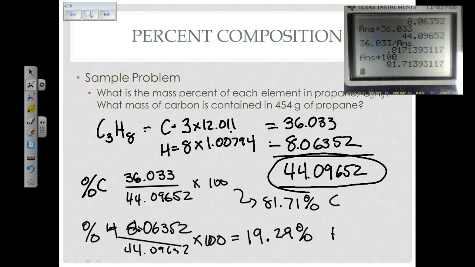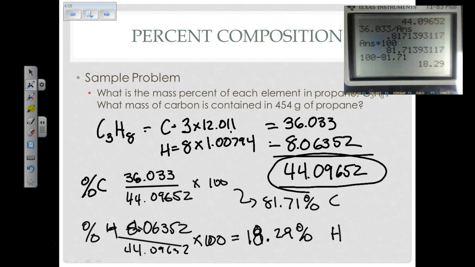And then we always put the element symbol afterwards, that way we know it's percent carbon and percent hydrogen. I did this by taking 100 and subtracting 81.71. And oh look, I'm glad that I checked that because I messed up my simple math.